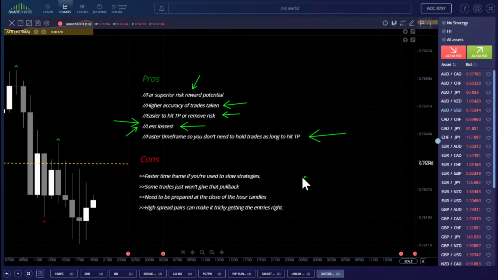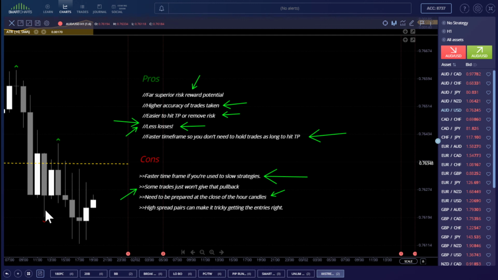The cons are also because it's a faster time frame. If you're used to slow strategies, things are going to move quicker. Some trades just won't give that pullback, which is annoying. You need to be prepared at the close of the hour candles. One thing you can do is set alerts or a timer on your phone.